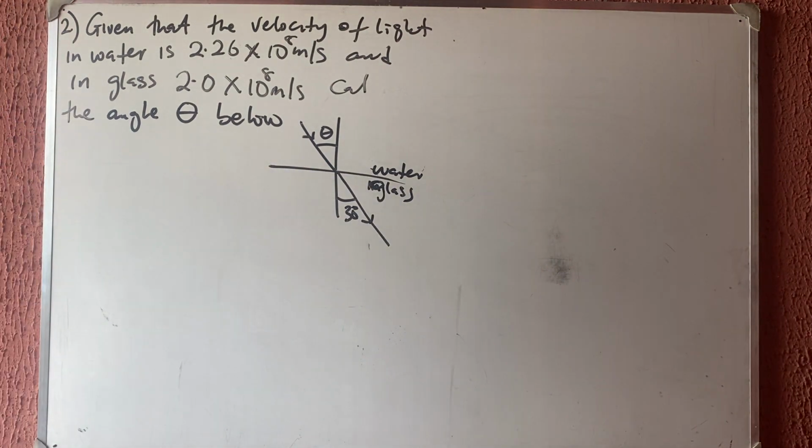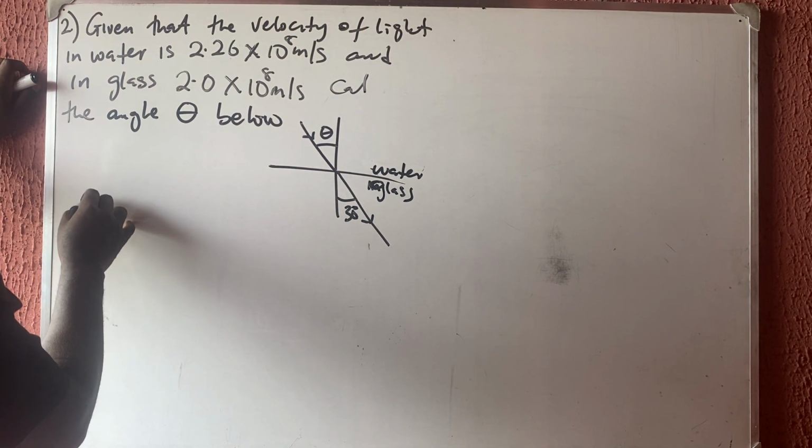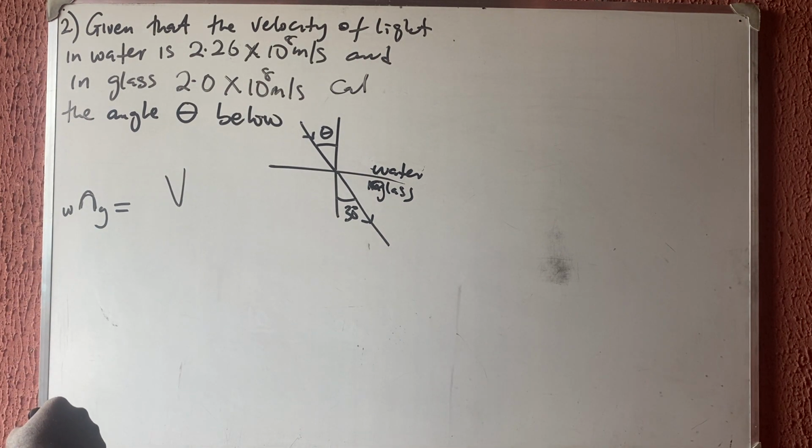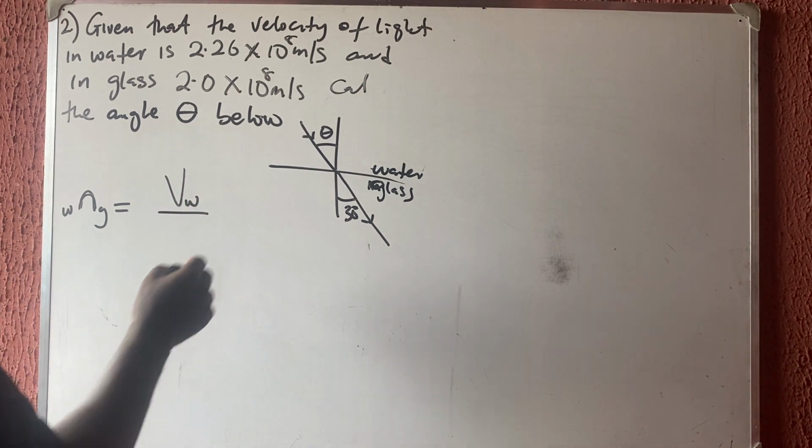Let me see the question very well. Now having this, you should know that my refractive index of water to glass should be the velocity of light in water over the velocity in glass, according to where it is coming from.